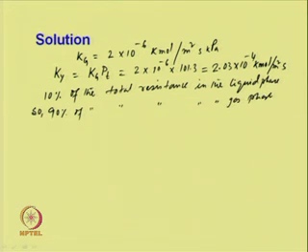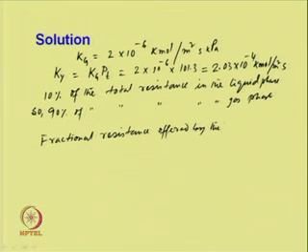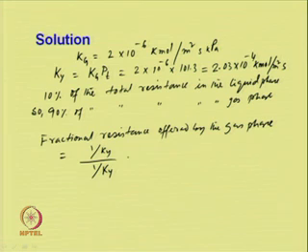Now, we know that the fractional resistance offered by the gas phase is equal to 1 by small k y divided by 1 by capital K y, which is capital K y divided by small k y.